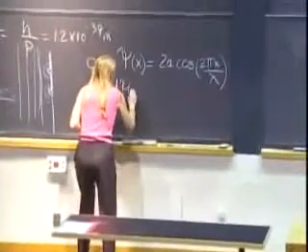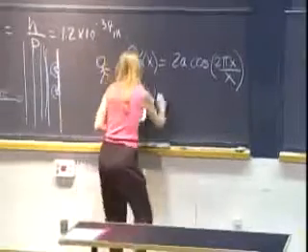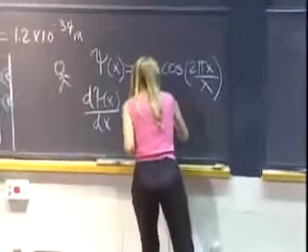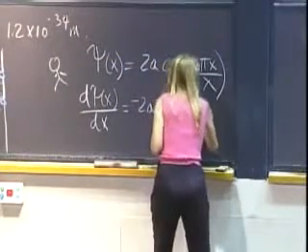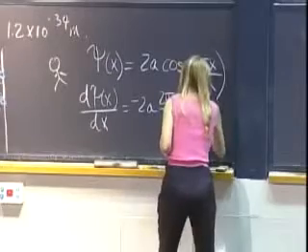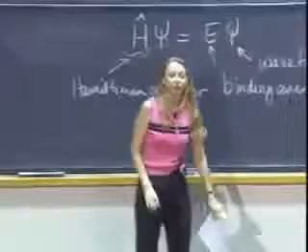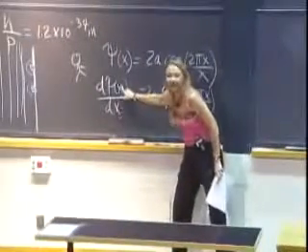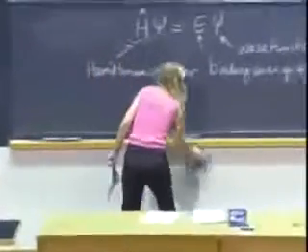Derivative of psi of x with respect to x is equal to minus 2a times 2 pi over lambda times sine of 2 pi x over lambda. That's an equation of motion. Now, this is actually a kind of an equation of position, but it's telling us how psi changes with x.